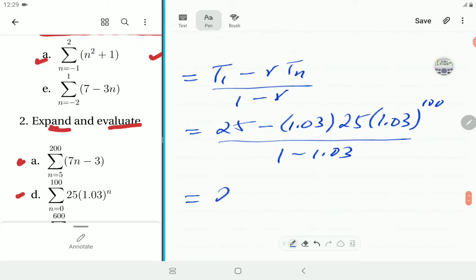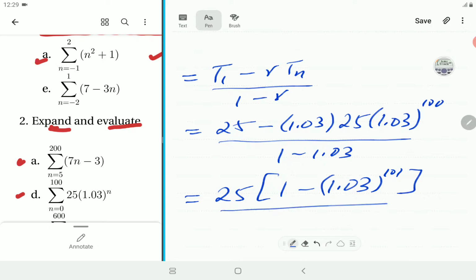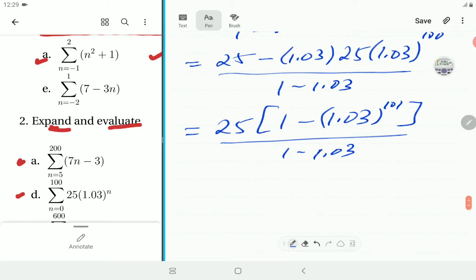Of course, if we factor out 25, this is going to be 25 times (1 minus 1.03 to the power 101) divided by (1 minus 1.03). And then if we punch this in the calculator, it's going to give us 15,662.66.